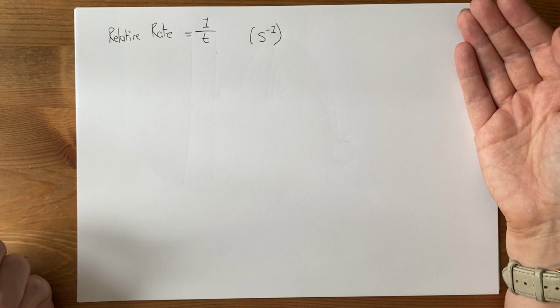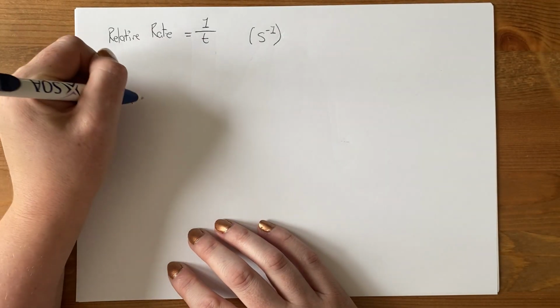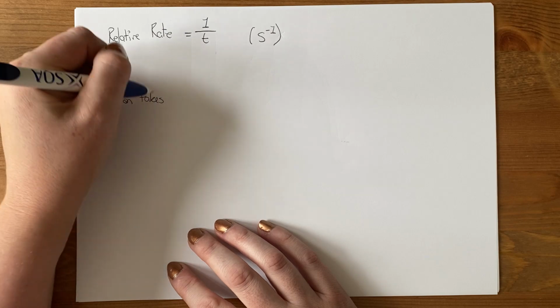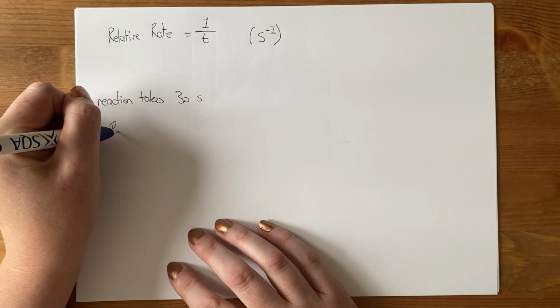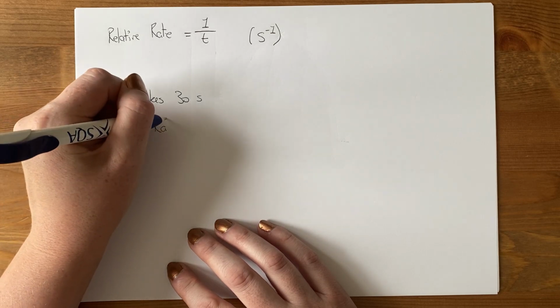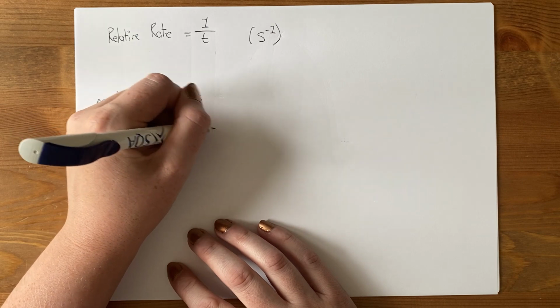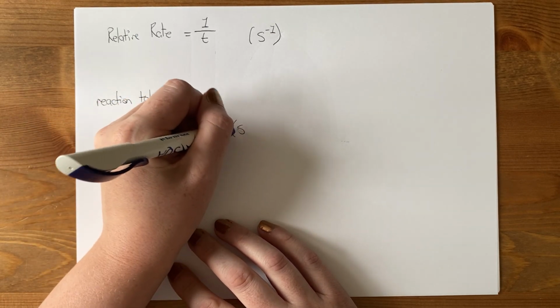And the units are going to be seconds to the minus 1, s to the minus 1. All I need you to do is understand that if a reaction takes 30 seconds to complete, then the relative rate is 1 over 30. And the units would be s to the minus 1.